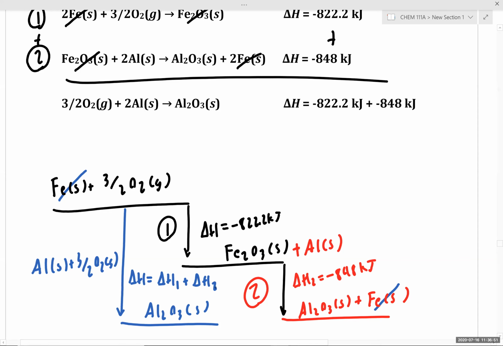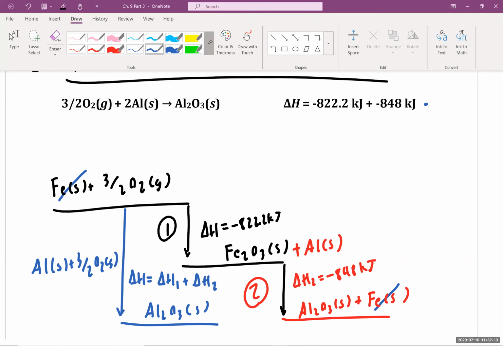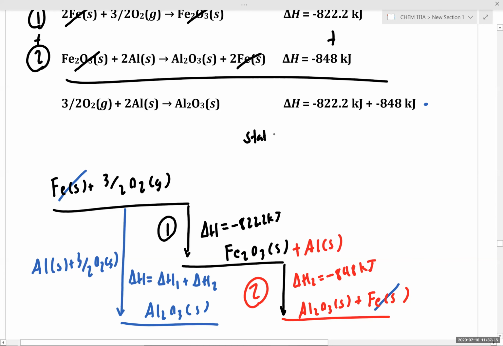So does this idea make sense, that we can express a reaction in terms of any number of steps, and that if we add our steps together and we get an overall reaction, we can calculate the enthalpy for that overall reaction? The reason why Hess's law works is that state functions only depend on the initial and final states.